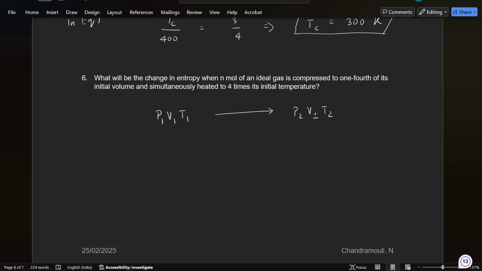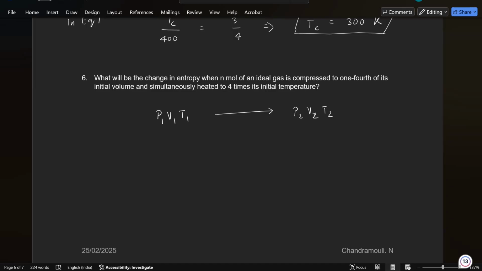But we do not know the entropy change for this, correct? Since entropy is a state function, what we can do is construct reversible paths, multiple paths, so that we can separate this and then calculate entropy for each of those paths.